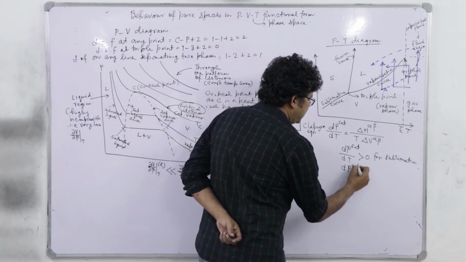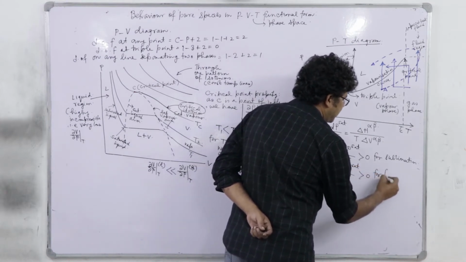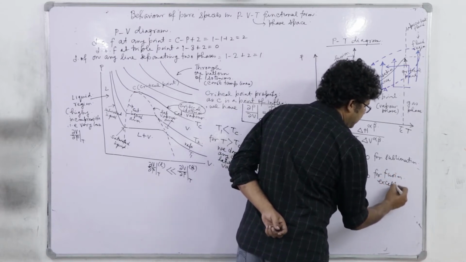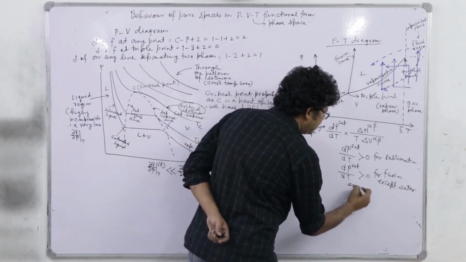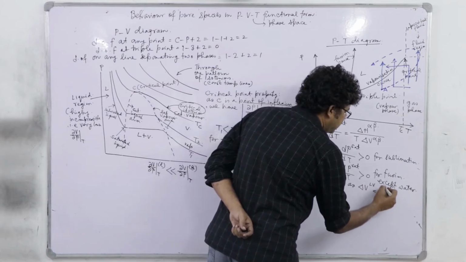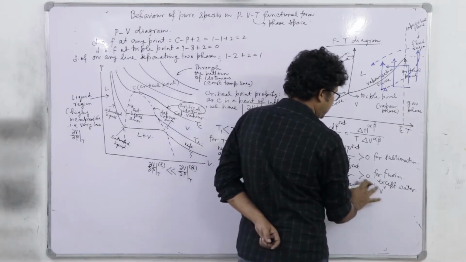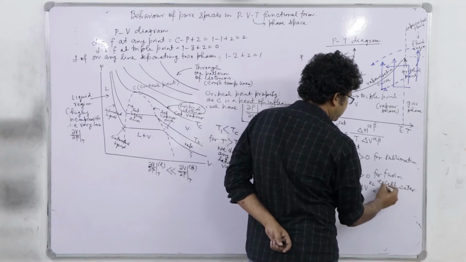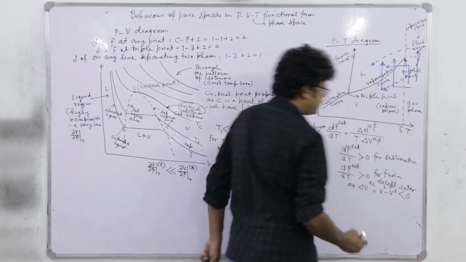And dPsat/dT is also positive for fusion except water, which exhibits anomalous expansion, as ΔV SL, which is liquid minus solid, is negative, right?